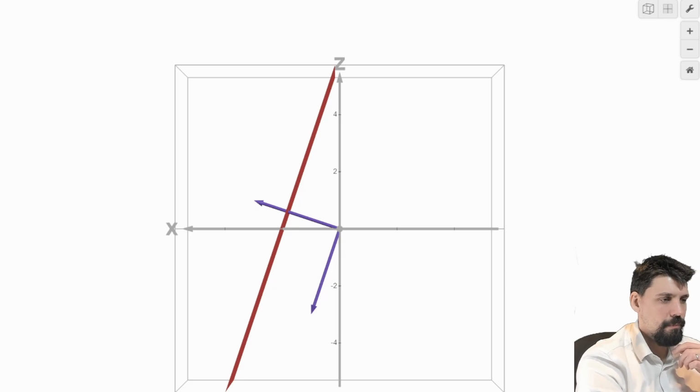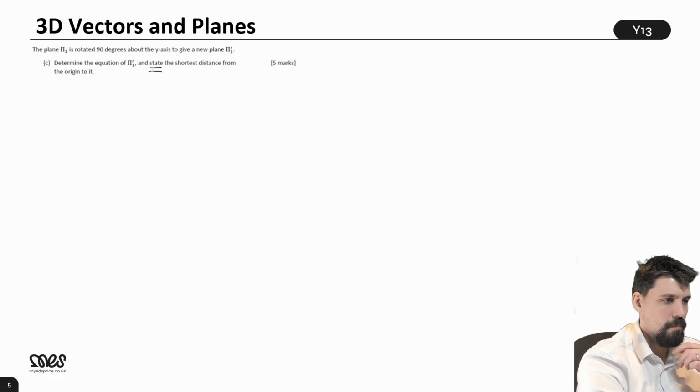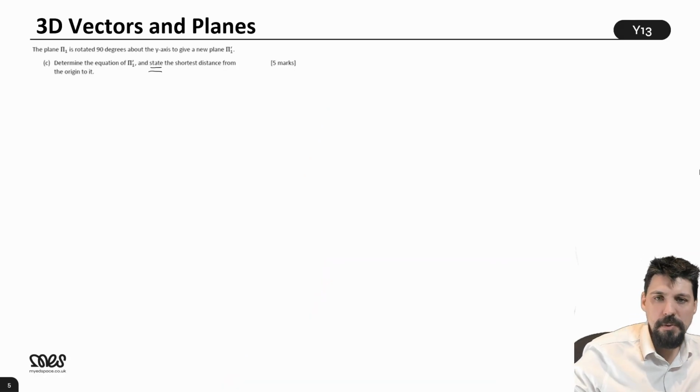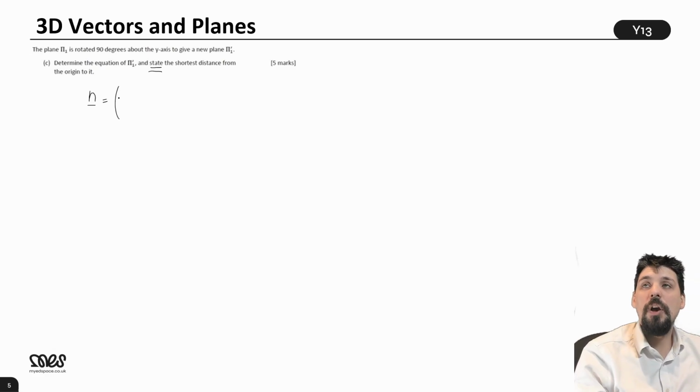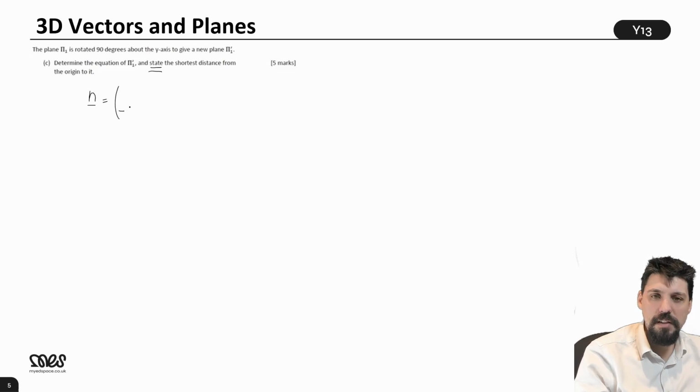I hope you followed that. Let's go back and try desperately to draw this. So my new normal vector, we said, was instead of going along 6 in the x direction, it's going down 6 in the z direction. Still nothing in the y direction, and there we go.